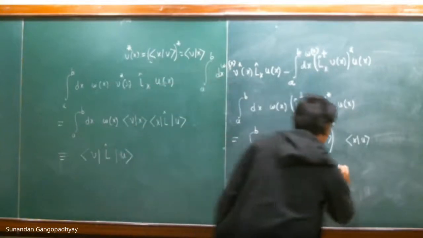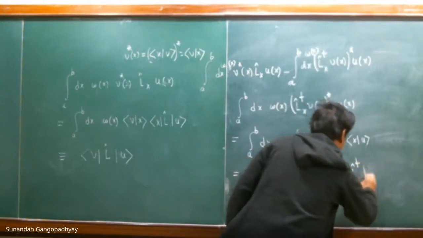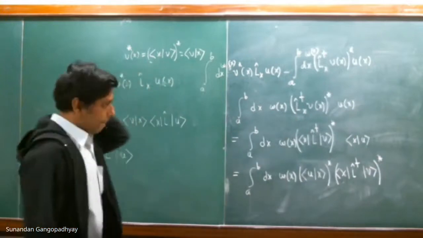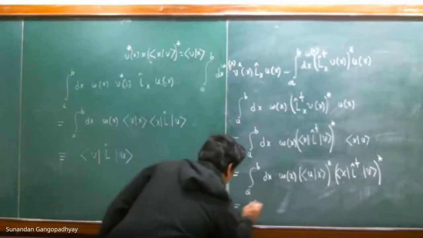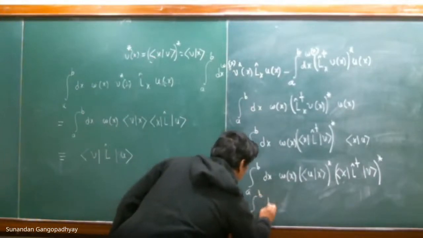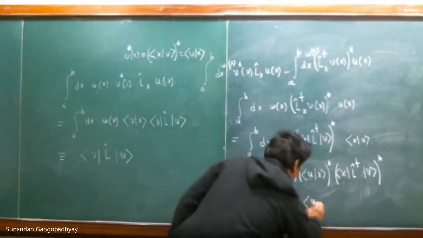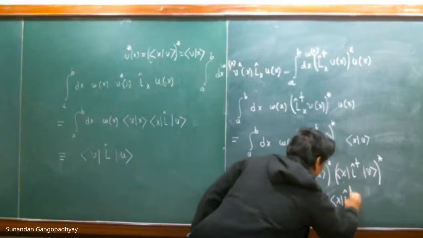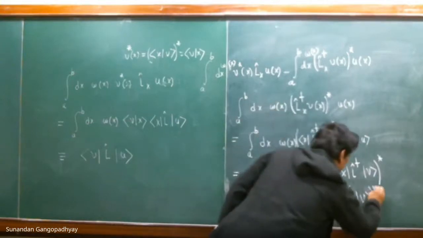And you already have this thing, bra x L hat dagger ket v, complex conjugate. You can combine both these things. We can write this down as integral a to b dx w of x, u of x, the full complex conjugate.